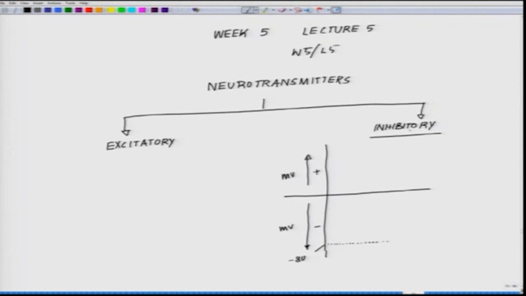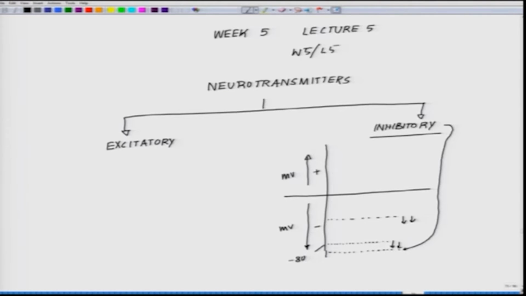By the action of an inhibitory neurotransmitter, it will further shift to the negative direction. It will make it say minus 85 or minus 90, and it will become further negative.